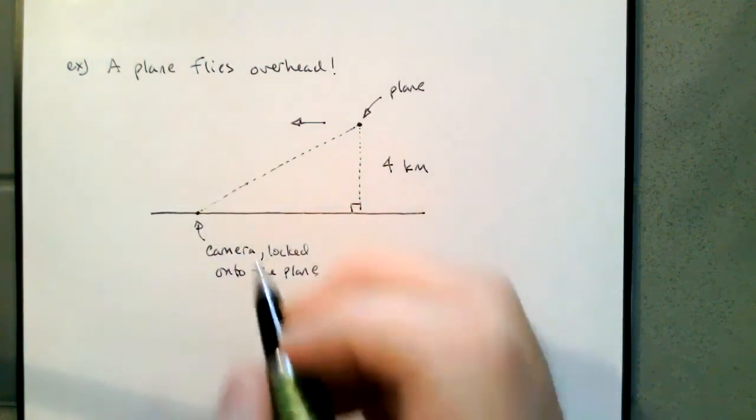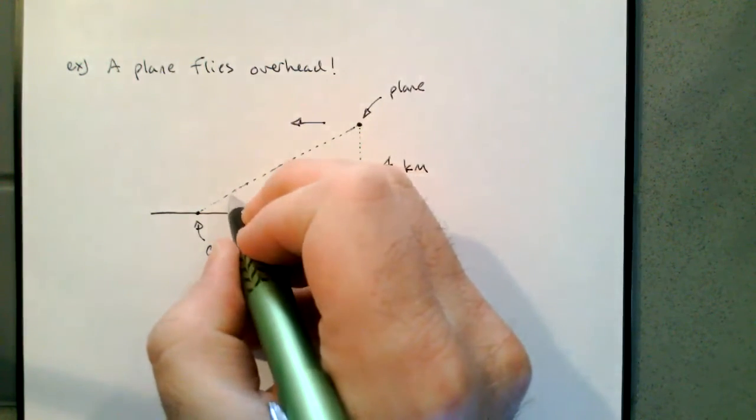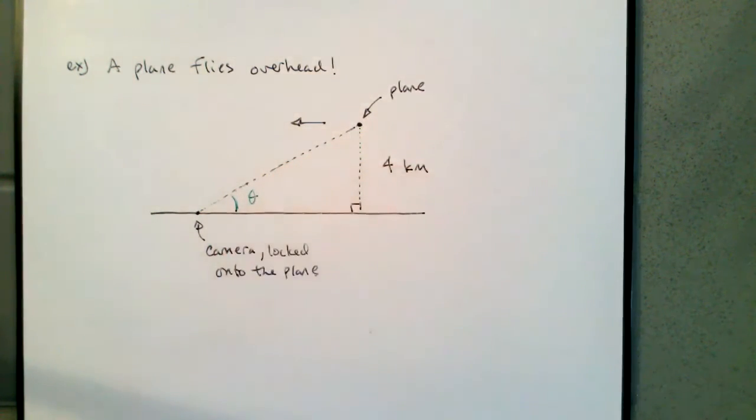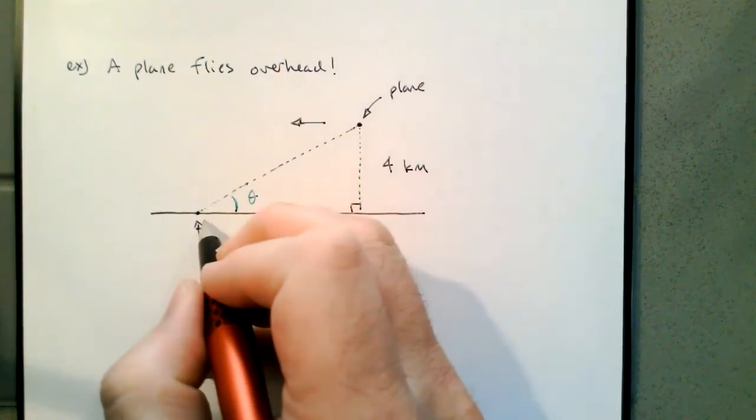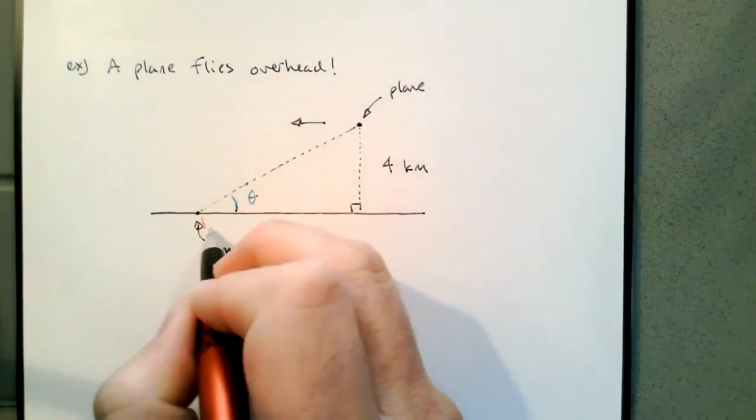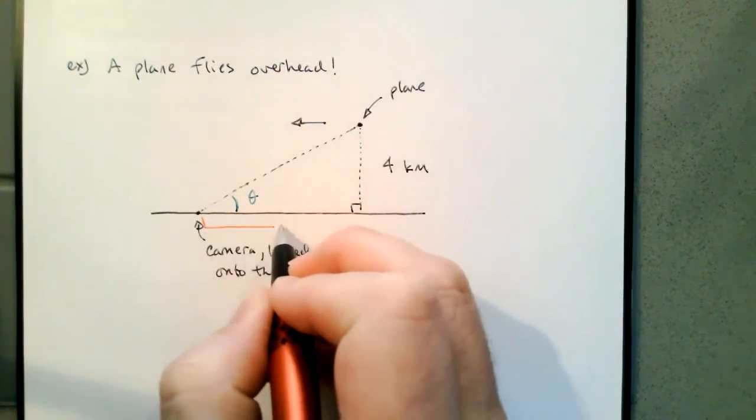One is the angle theta, which has to rotate as the plane flies overhead. The other is the horizontal distance from the camera to the plane, so I need a variable for that.